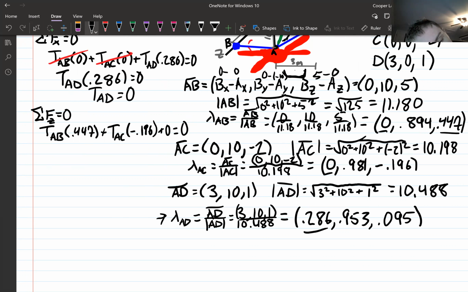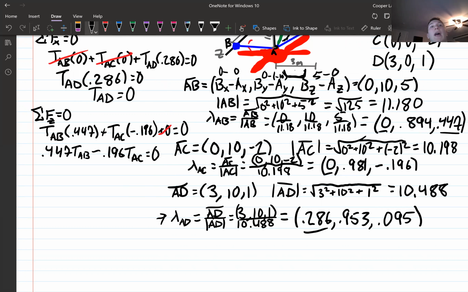And I'll get 0.447 TAB minus 0.196 TAC equals 0, because I can just cross out this other 0 value because it's 0.